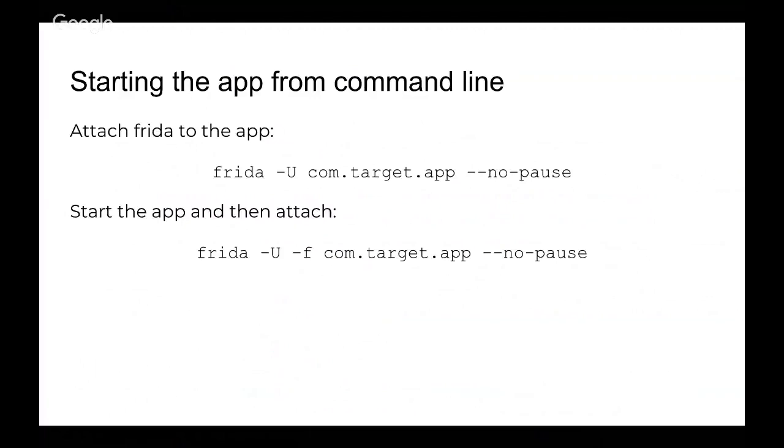Before we jump into how to start Frida, how to get control of the application, what we are targeting, let's talk about Android apps because that's what we are targeting. If you are a developer, you would understand that whenever you start an app, it's called an activity. The screen which you look at is called an activity.